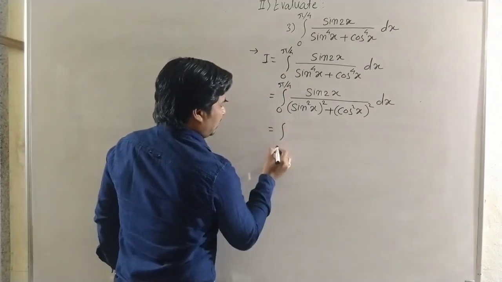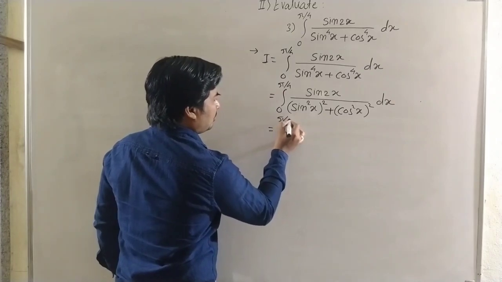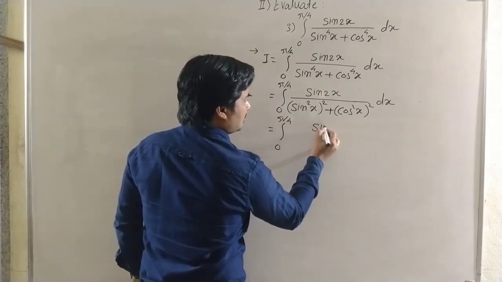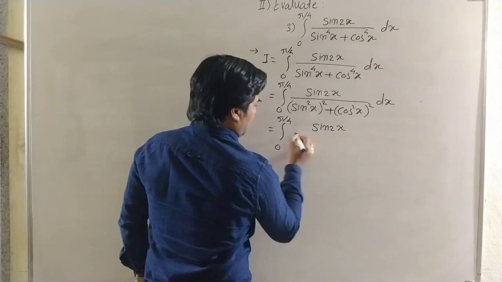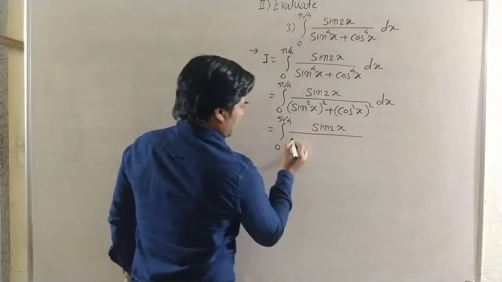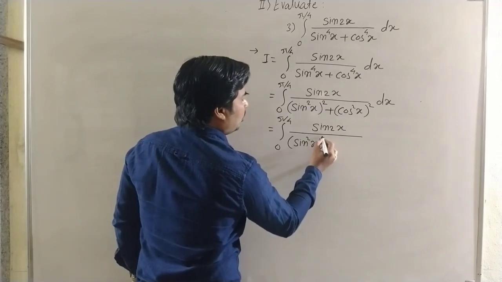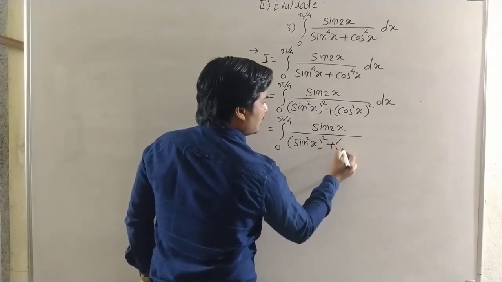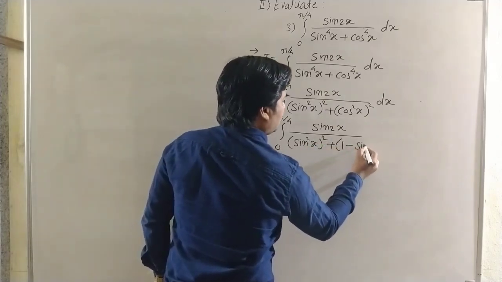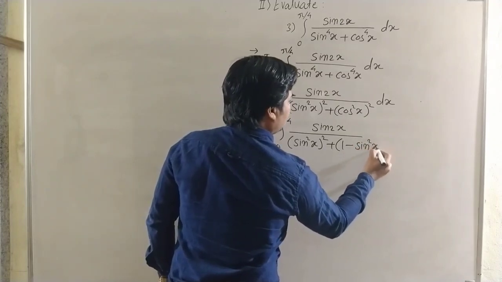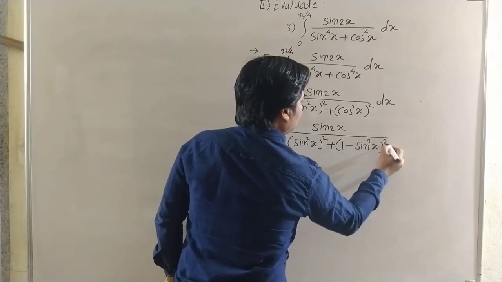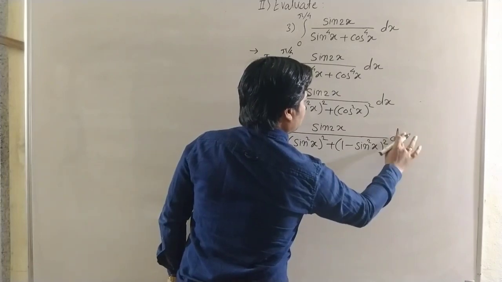Now integral 0 to pi by 4 sin 2x upon (sin square x) whole square plus (1 minus sin square x) whole square dx.